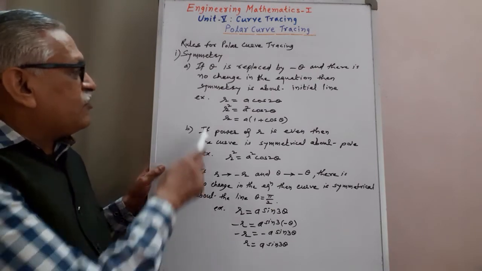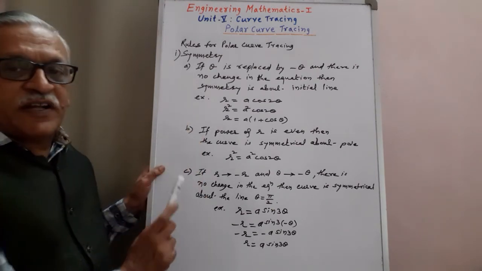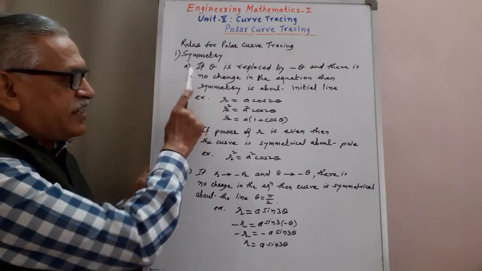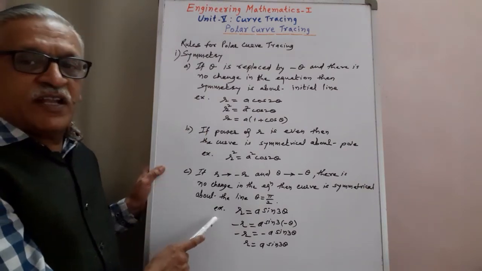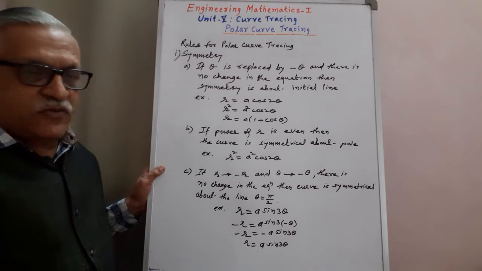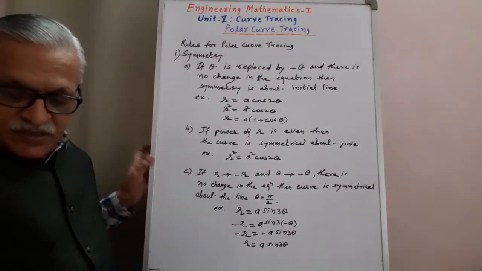Therefore three symmetries: symmetrical about the initial line, symmetrical about the pole, and symmetrical about the line θ = π/2. This is the first point.